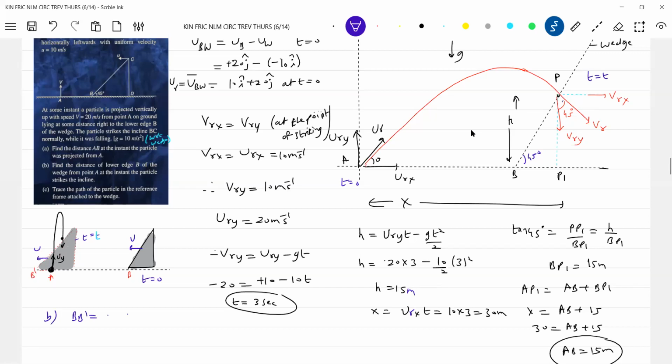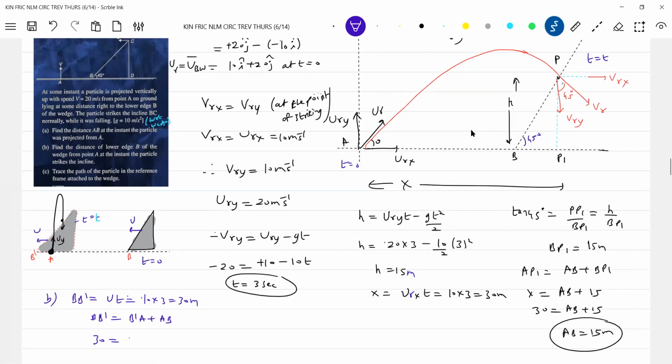So the speed of the wedge is 10, into 3, 30 meter. Initially, what was the distance AB, and BB dash, what can you write? BB dash should be equal to B dash A plus AB. This is 30, B dash A we don't know, plus AB is 15. So B dash A should be equal to 15 meter.